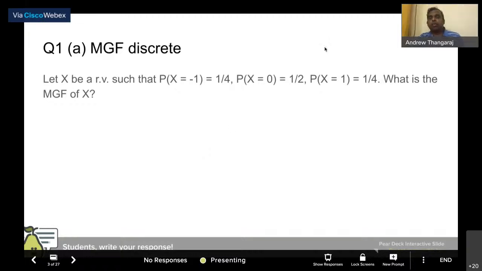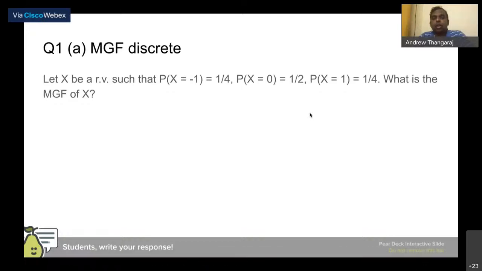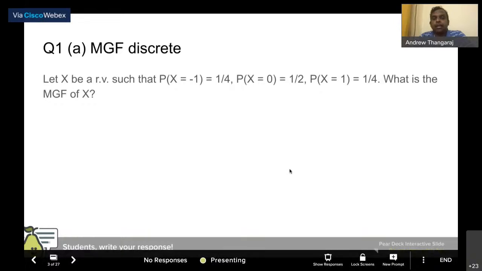It's a discrete distribution with X equals -1, 0, or 1, and those are the probabilities: 1 by 4, 1 by 2, 1 by 4. I would like you to write down the MGF for this random variable.